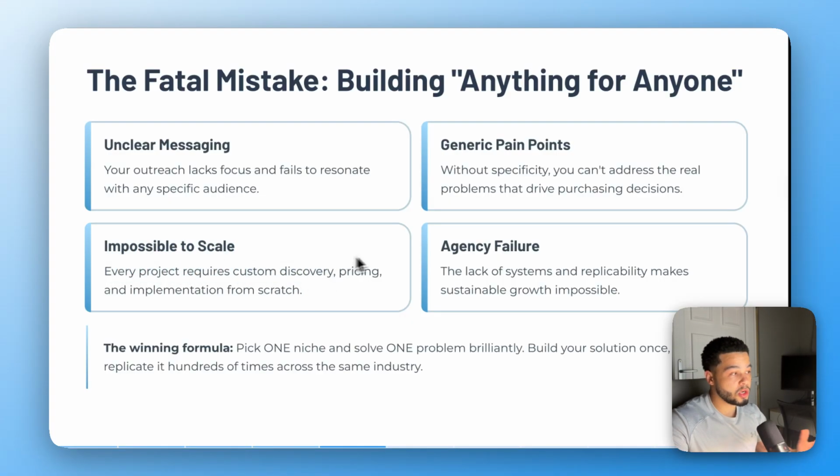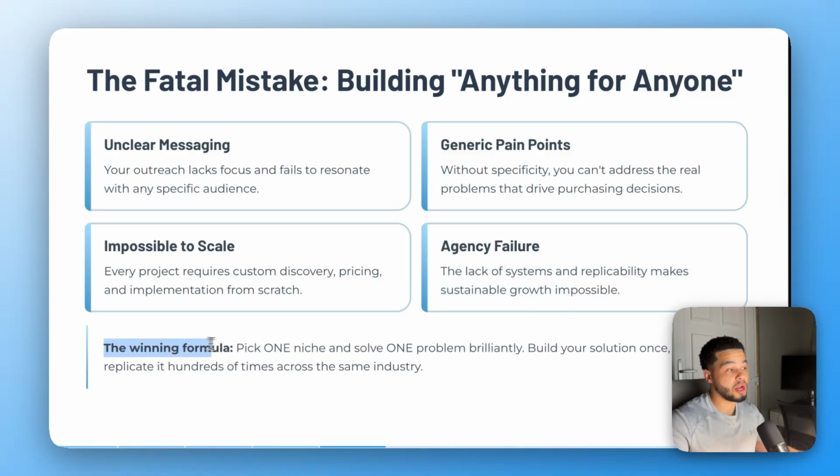You have to come up with a new pricing structure and implementation from scratch. So you're essentially starting your agency over and over again based on each new project that comes in. So it's never scalable. This leads to agency failure because the lack of systems and replicability makes sustainable growth impossible.